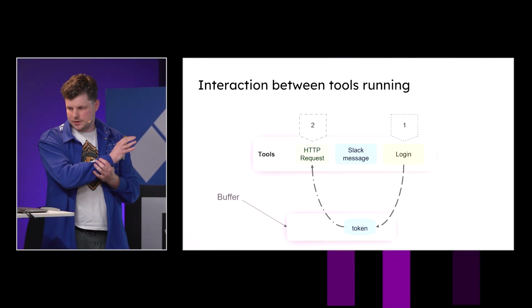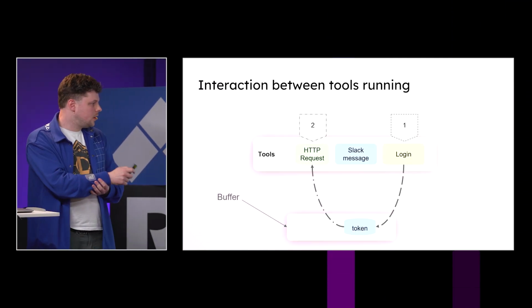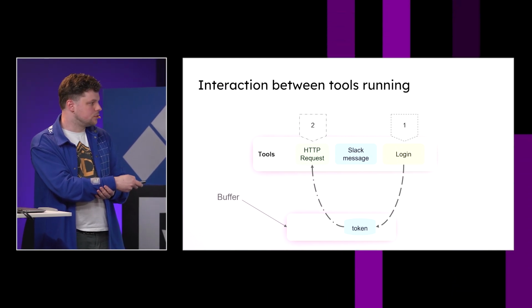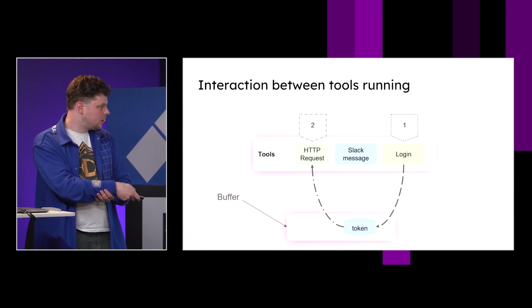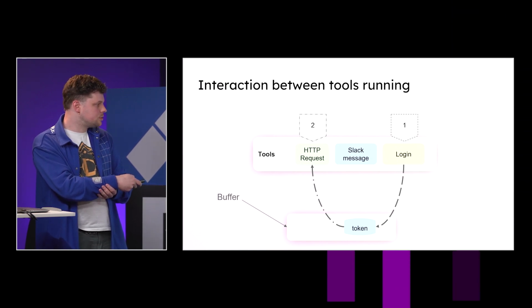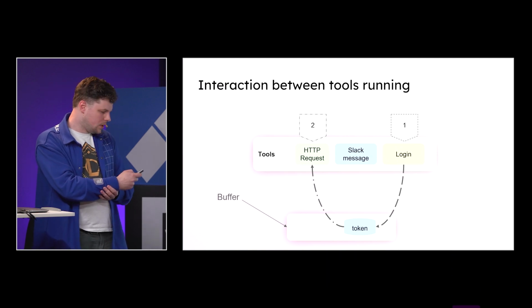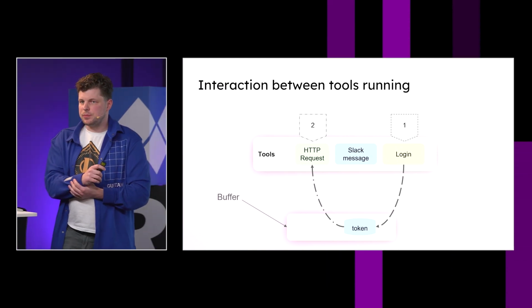This is a similar diagram. The first tool saves some token, and the second tool uses it for the further actions. One more advantage is the possibility to process much more data than can fit in context window. Let's see it in example.